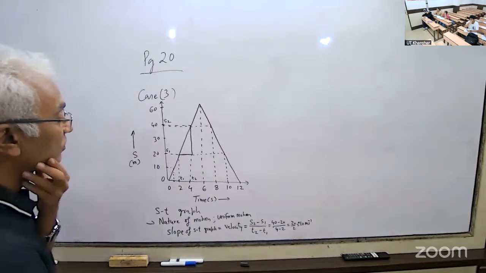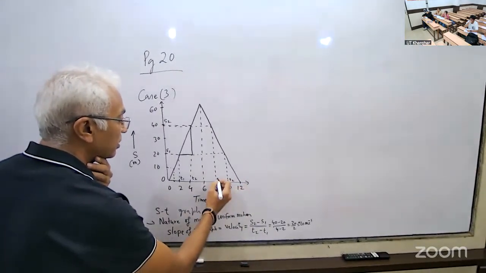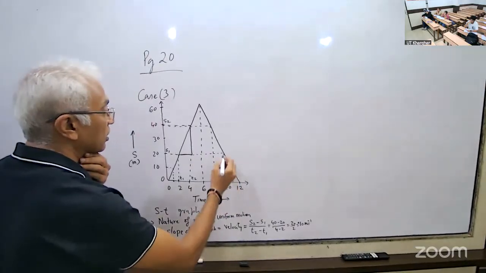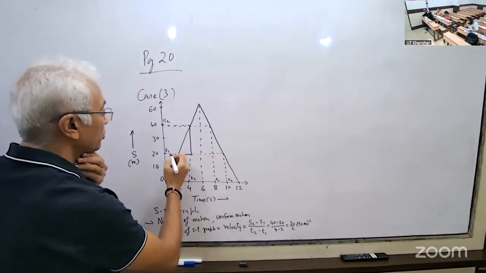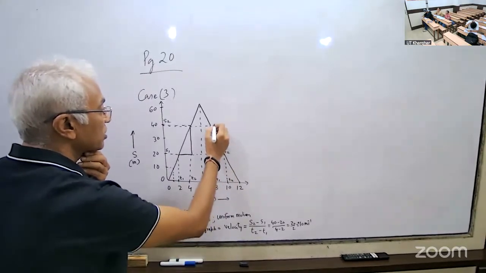Now T2 is this. Always the final time is the later or greater time. So corresponding to T2, now we have S2. This becomes my S2, and this becomes S1.